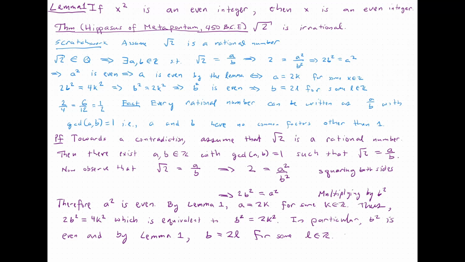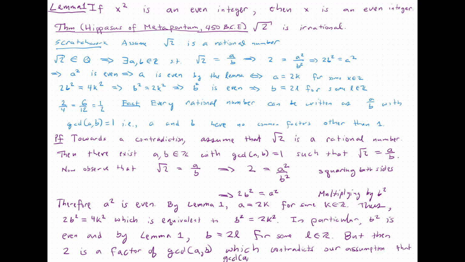But then the GCD, 2 is a factor of the GCD of a, b, which contradicts our assumption that the GCD of a and b was equal to 1.